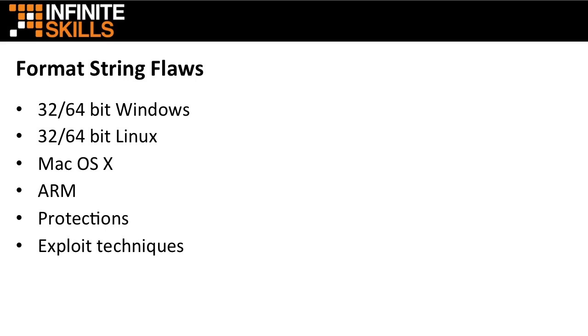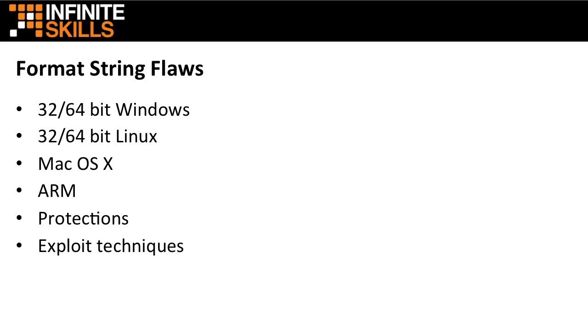Now, this flaw actually is not dependent on any given operating system. So we will look at this flaw and apply it to all of the operating systems and processors for this course. We will talk about various protections that are offered by each of these operating systems.